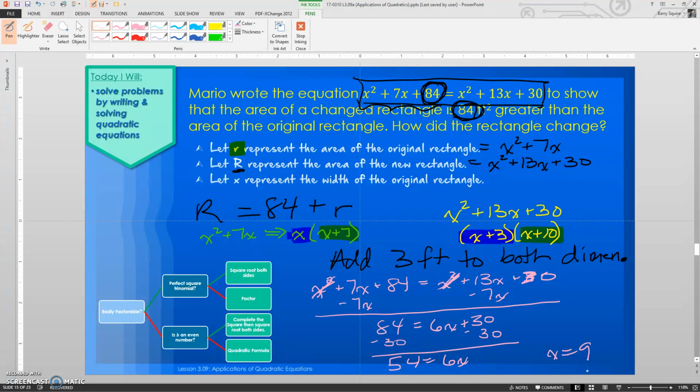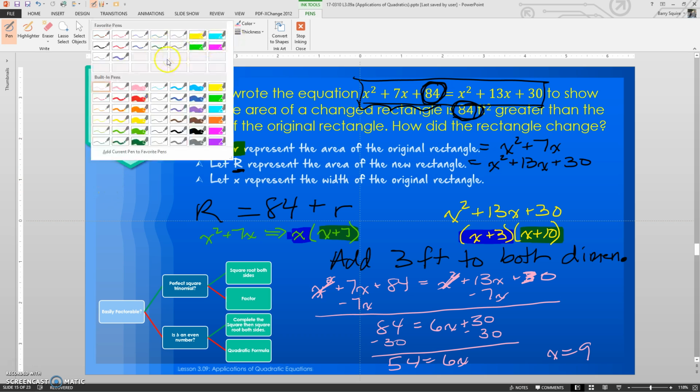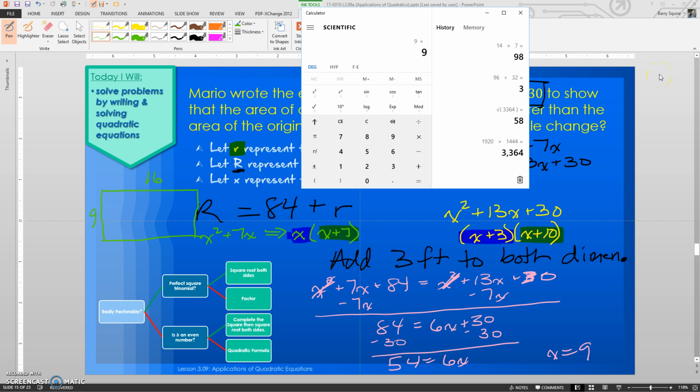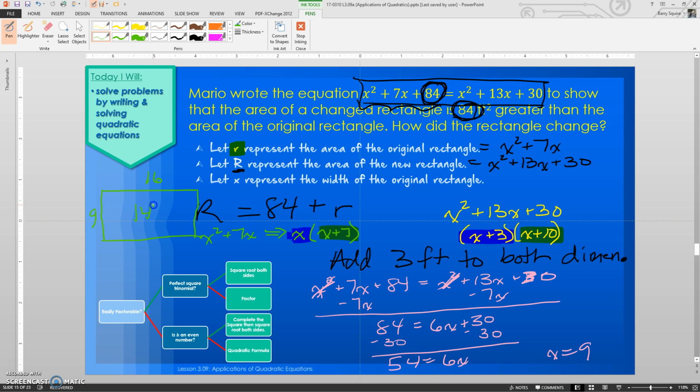So, if x is 9, then we have an original rectangle. Our original rectangle is a 9 by, well, 9 plus 7 is 16. So what is 9 times 16? 144. Cool. I like that number. So, that's the original rectangle.